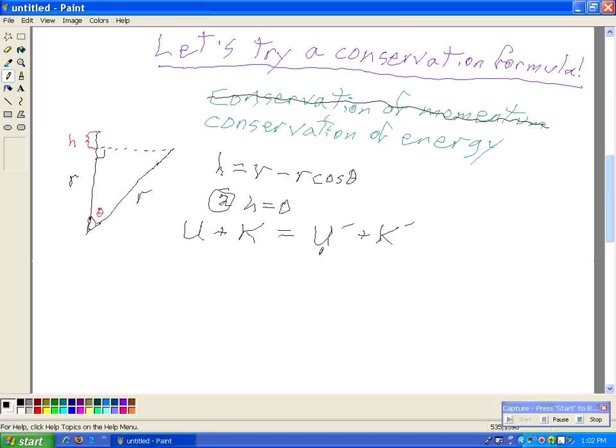She's moving, she's lost her potential energy. Call that 0. Here she has potential energy, but she's not moving yet. She's at rest, so that's 0. So we have mgh equals 1/2 mv squared. So solving for velocity gives us the square root of 2gh.